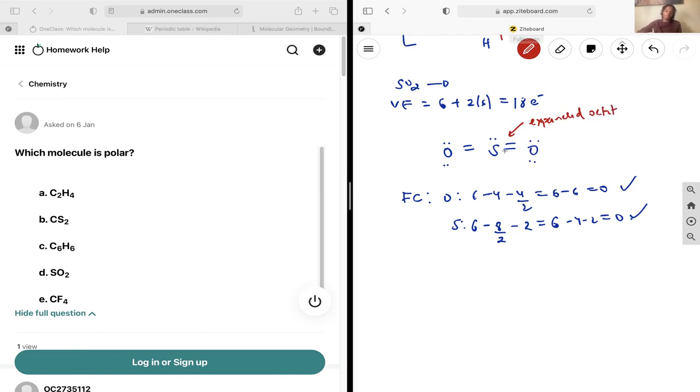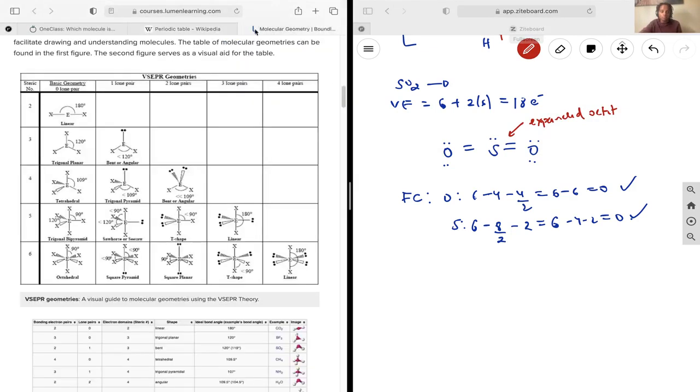Now let's figure out the geometry. We have 3 groups attached to it: the oxygen, the second oxygen, and the lone pair. And so if we just check this out here, we have 3, but 1 is a lone pair, and so it's actually going to be bent. And so it should look like this.